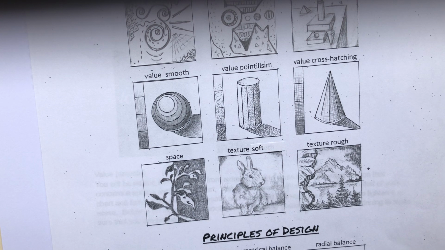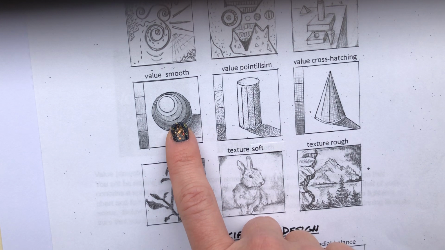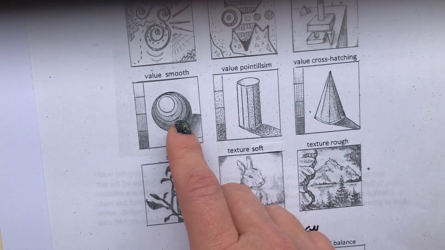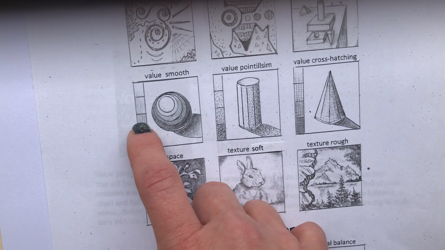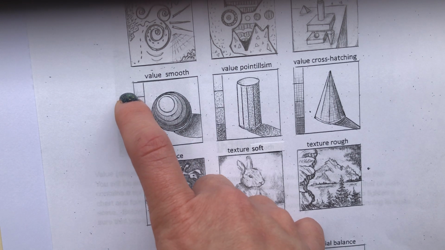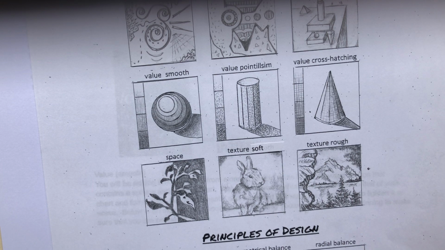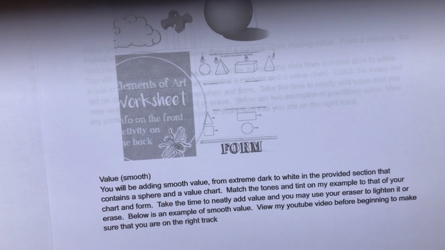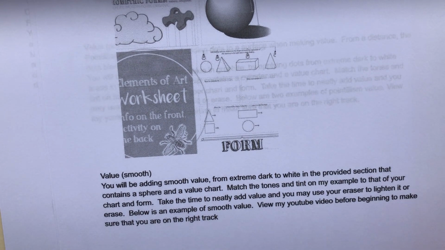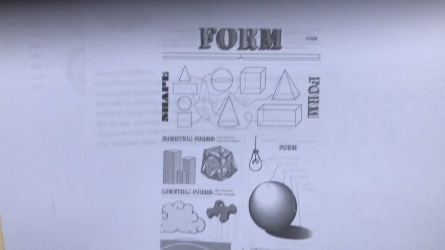So the smooth value, you can see in this example, you don't have any texture on it, but you have a range of value from dark and a medium, light, and then you have white right here. In some worksheets that you might find, the value would be a little bit more extreme, so you might have more of a range of value.